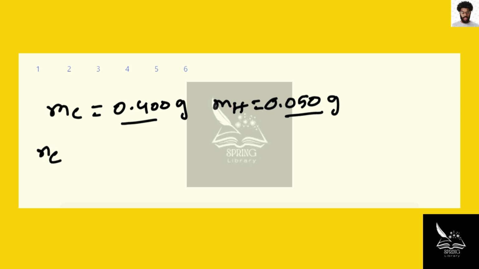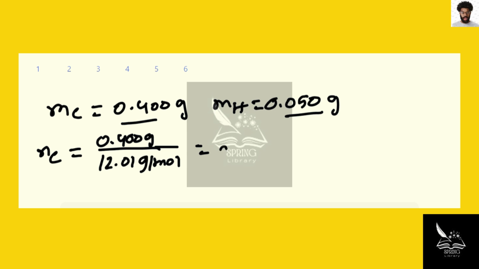So the number of moles of carbon will be 0.400 gram over the molar mass of carbon, which is 12.01 gram per mole, and it will give us a value of 0.033 mole.